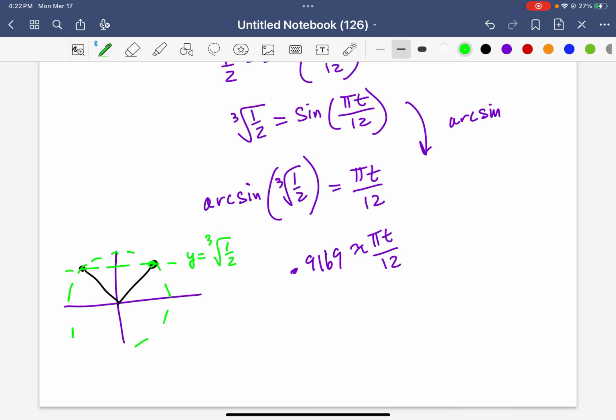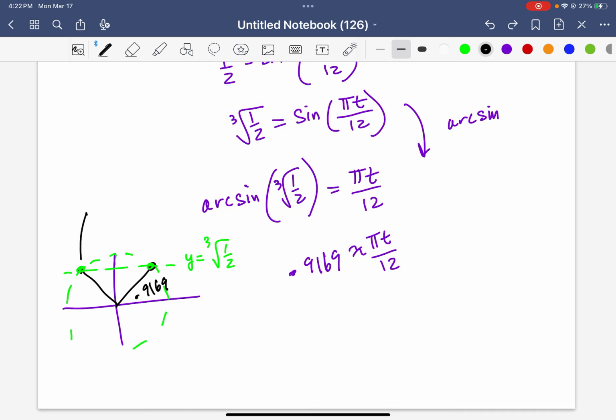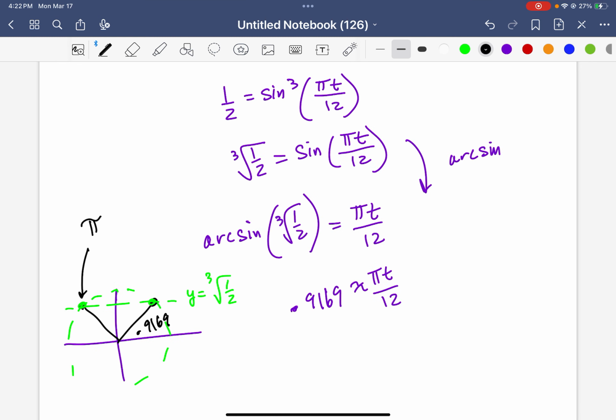It's going to be both these times. So one of these points is 0.9169, and this right here is going to be pi subtract 0.9169. So that's going to be approximately equal to 2.2247.